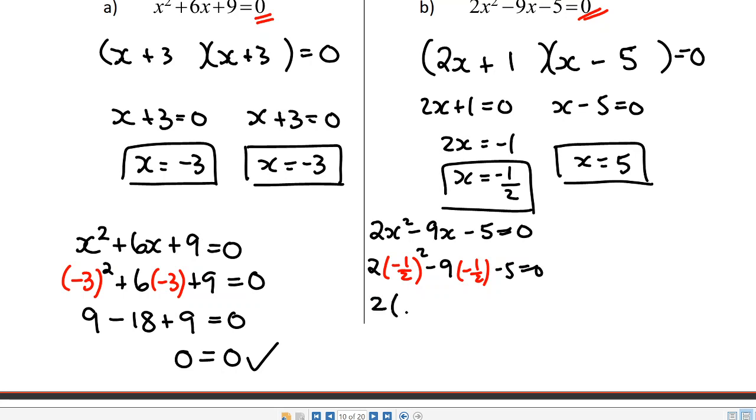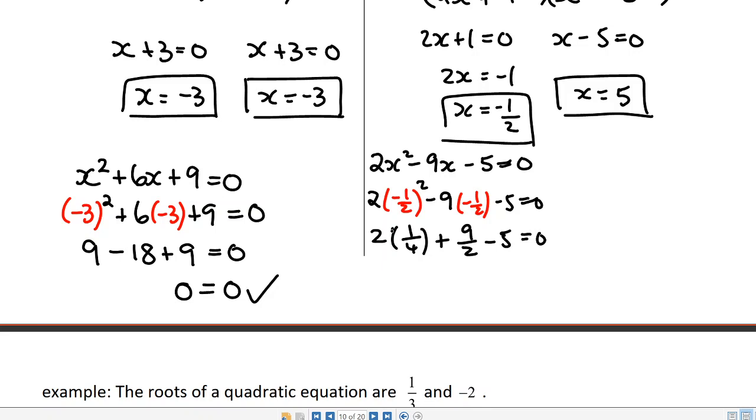So it ends up being 2 times a quarter plus 9/2 minus 5 is equal to 0. So it ends up being 1/2 plus 9/2, which is 10/2. And 10/2 is actually just 5. So we end up with 5 minus 5 equals 0, which is true. So that tells us that that first solution is correct.